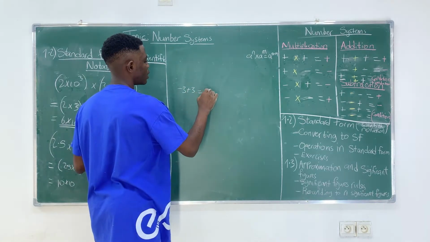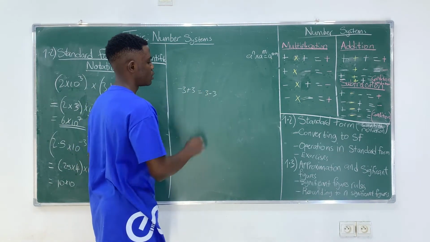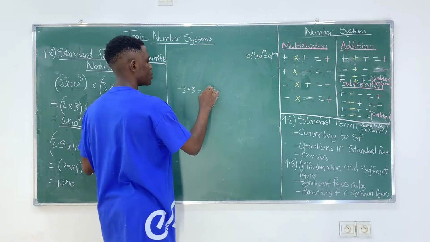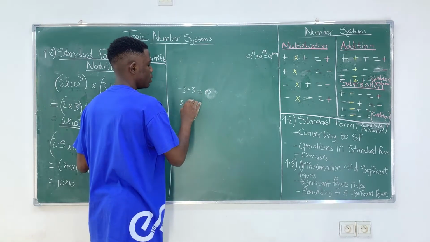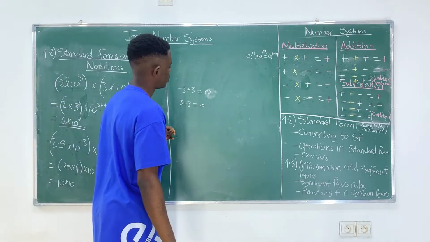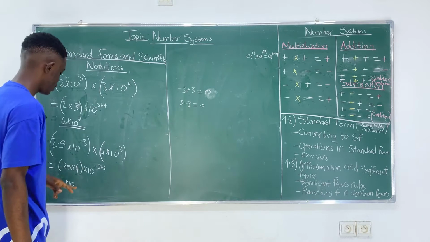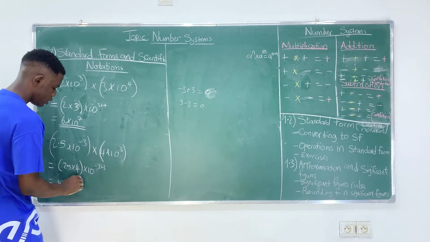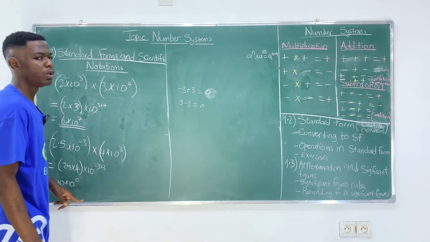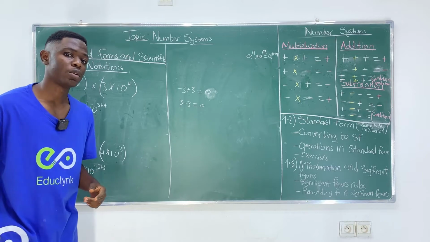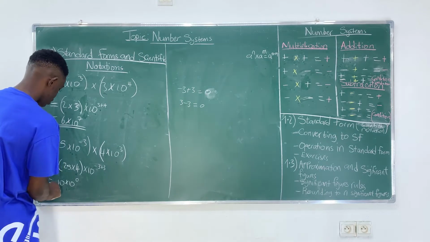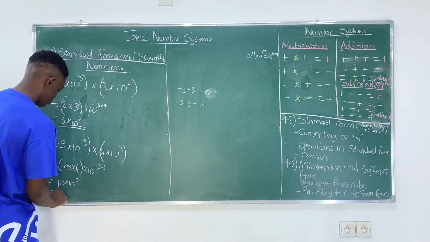Minus 3 plus 3 is the same as 3 minus 3, so you consider it is 0, which is equal to 0. So it is the same as 10 times 10 to the power 0. And we know that anything raised to the power 0 is 1. So 10 to the power 0 is 1, which means this should just be equal to 10.